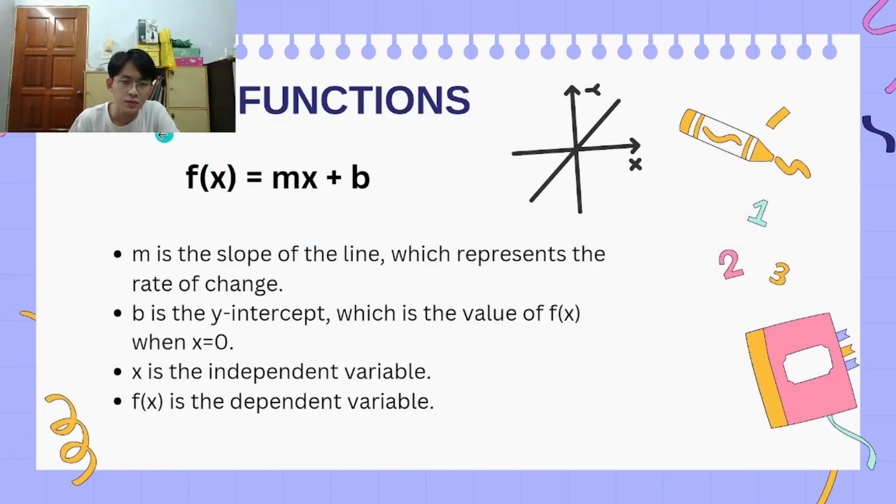Functions. A linear function is written as f(x) equals to mx plus b, where m is the slope of the line, which represents the rate of change, and b is the y-intercept, which is the value of f(x) when x is equal to 0. X is the independent variable and f(x) is the dependent variable.